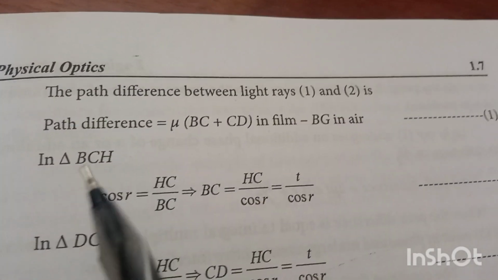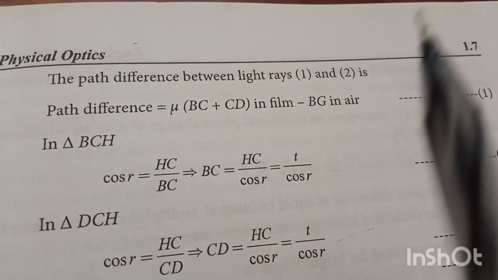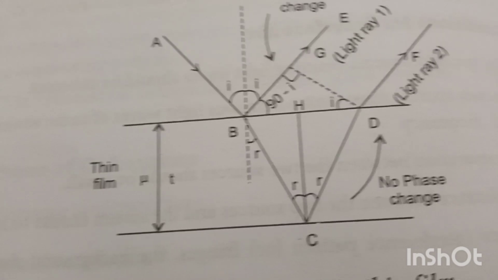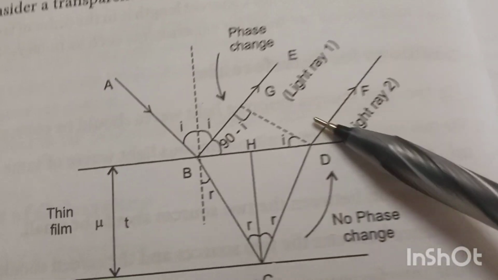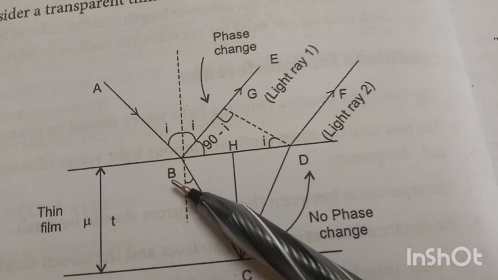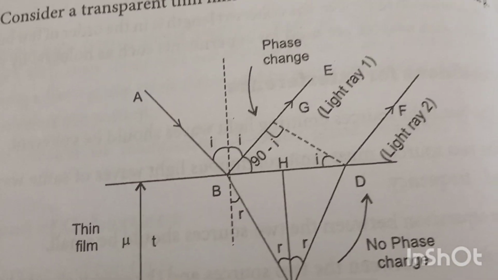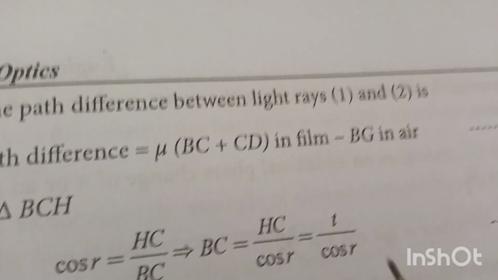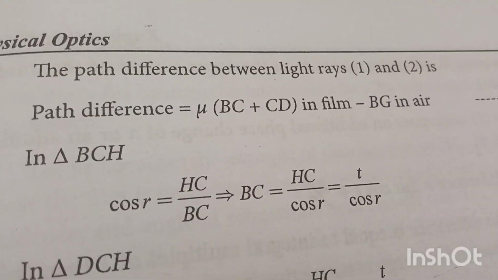So the path difference between the two light rays is mu into BC plus CD in film, minus BG in air. So we can consider lower surface minus upper surface of the film. So that can be written as mu times BC plus CD in film minus BG in air.